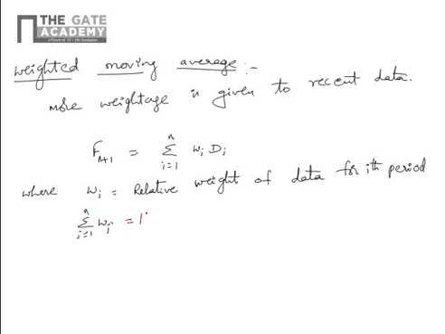Total weight is equal to 1. So more weight is given to the recent values, and the forecast is nearer to the actual value. Whenever you give more weightage to the recent value, then your forecast will be good.